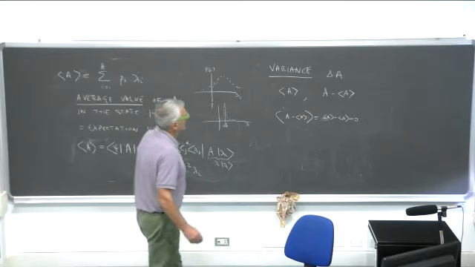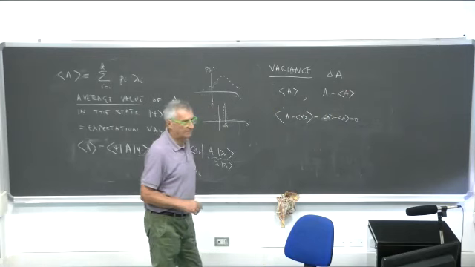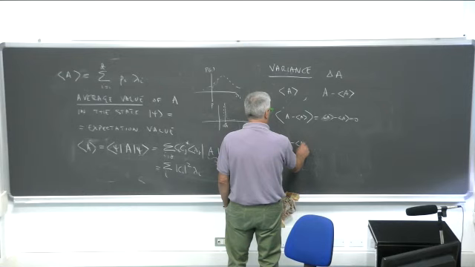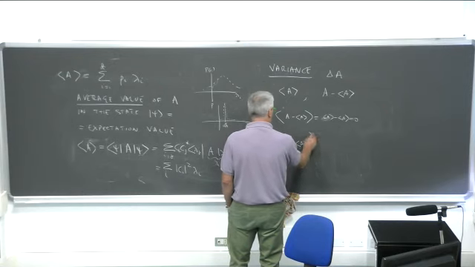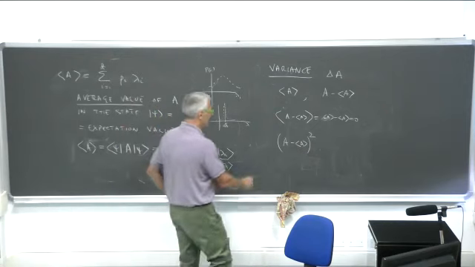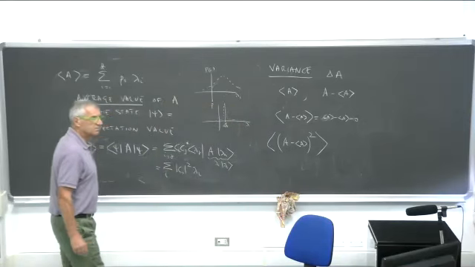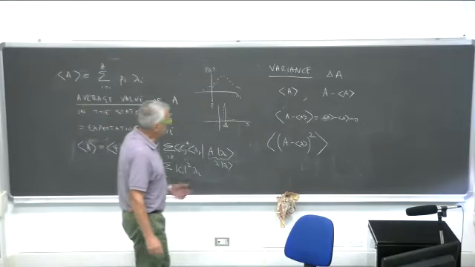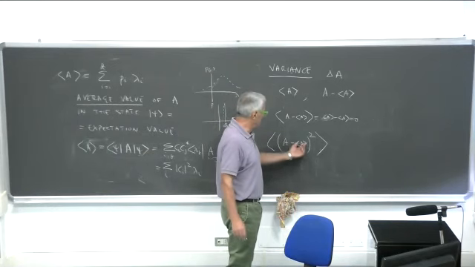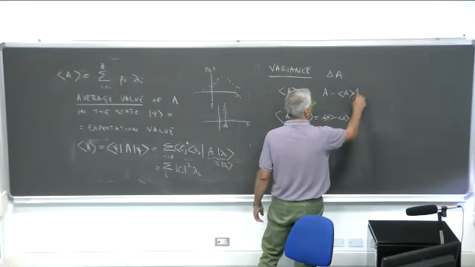However, there is something if you consider the square of this thing. Take A minus the expectation value of A, all squared, and take the expectation value of this. This is some operator, the square of A, and then this is a number, times the identity. Understood, there is the identity.